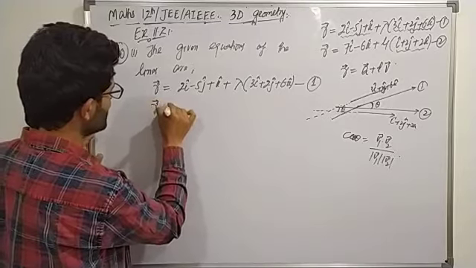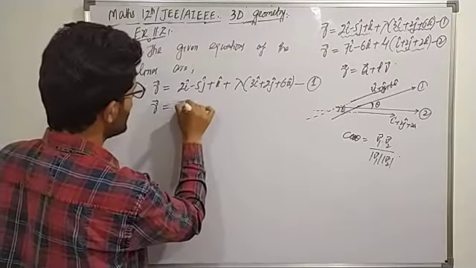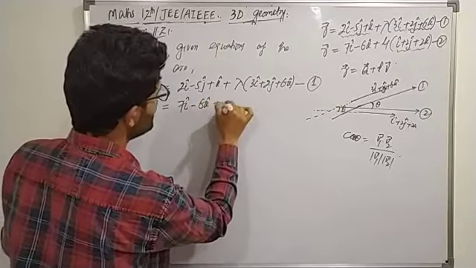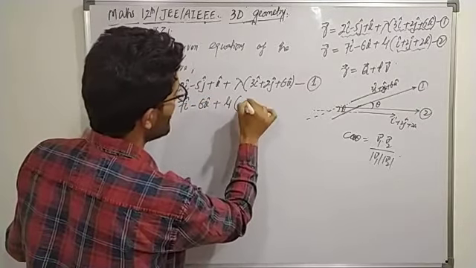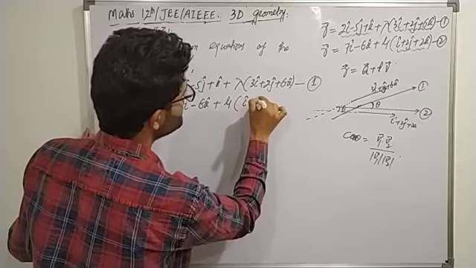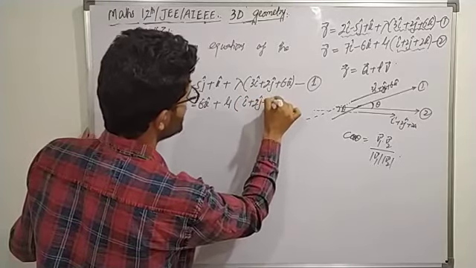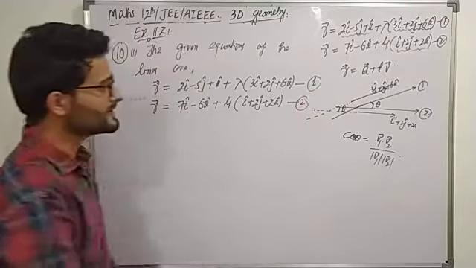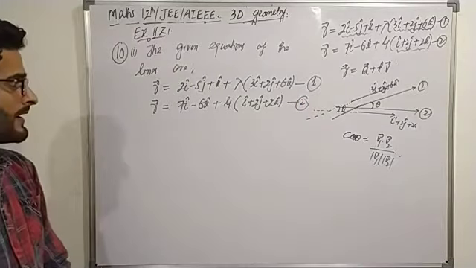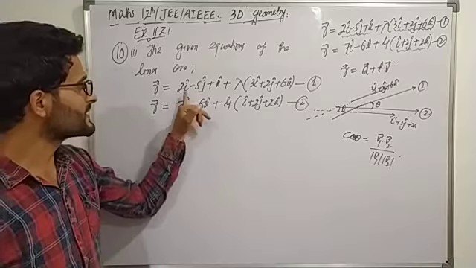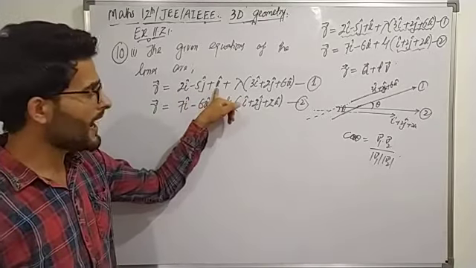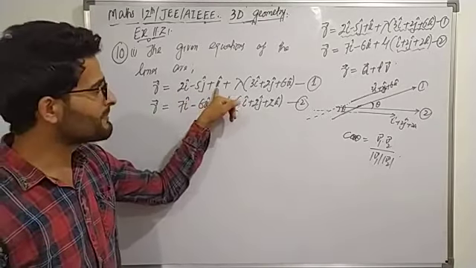R vector is equal to 7i minus 6k plus mu times i plus 2j plus 2k. We will keep this as line number second. So the line first passes through the point with position vector 2i minus 5j plus k and is parallel to the vector v1, 3i plus 2j plus 6k.